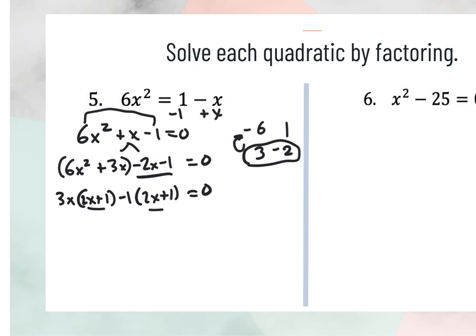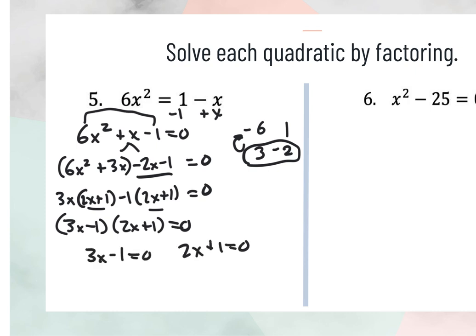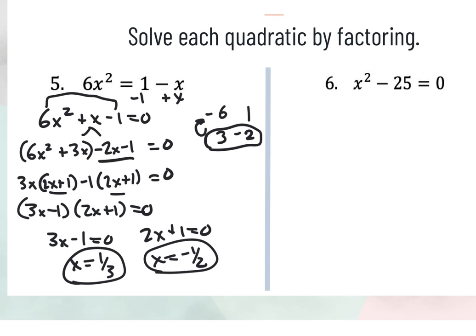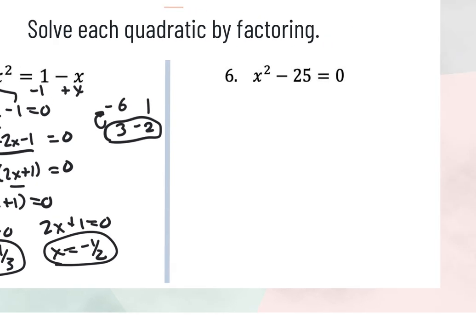These are the same. 3x minus 1, 2x plus 1 equals 0. So x equals 1/3. x is going to equal negative 1/2. There's my answers. Those are my solutions. A little bit tougher, a little bit trickier, but still doable.